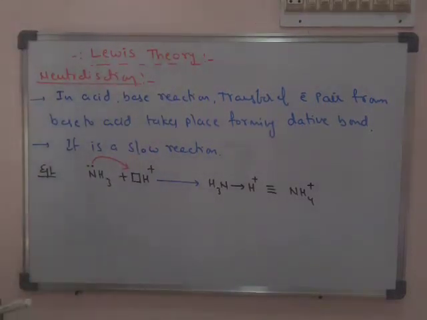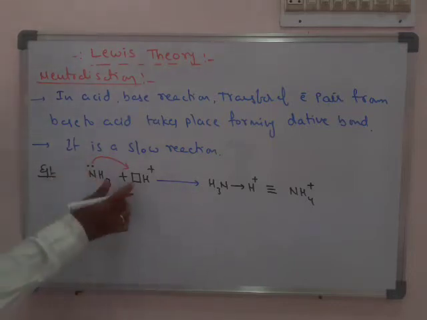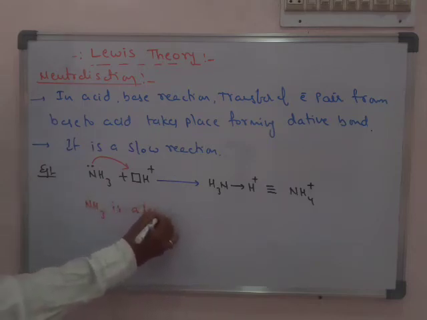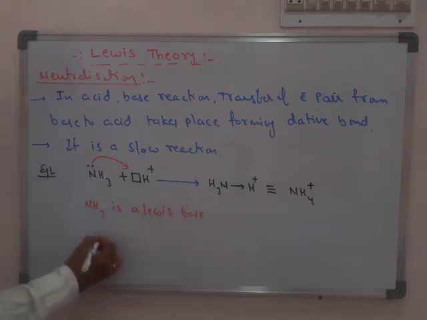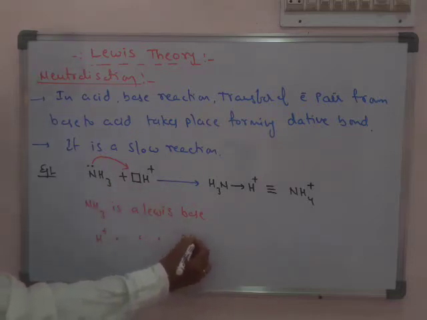Now check what is the acid and what is the base in this reaction. NH3 donated the electron pair, so according to Lewis theory it is a base. H+ accepted the electron pair, so it is a Lewis acid.